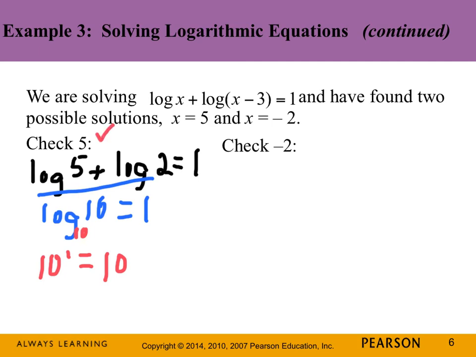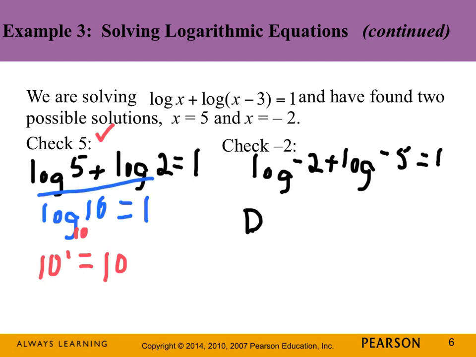Now let's check when x is -2. The log of -2 plus the log of, okay, -2 minus 3 is a -5 equals 1. But wait a second.